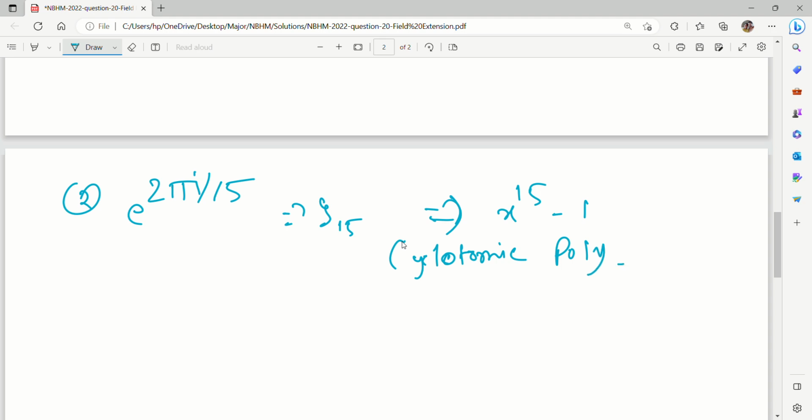For cyclotomic polynomials, we have very good results combining number theory and the degree of field extension, which states that the degree of field extension for zeta n is nothing but phi of n, where phi is the Euler phi function, which counts the integers which are coprime with n.